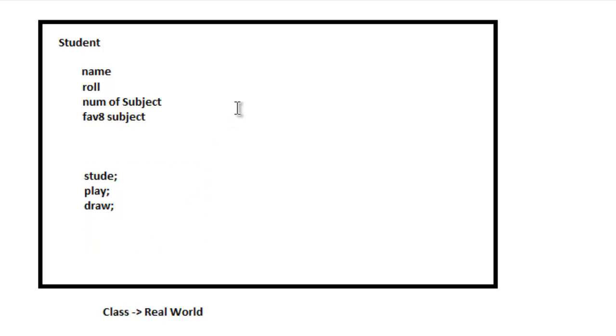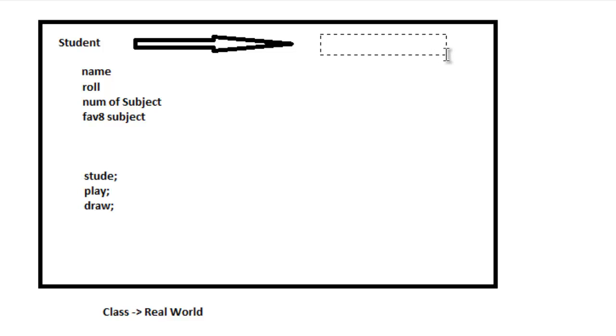So now what are these? Basically the first line is what we call the class name, and mostly, in fact every time, this class name is a noun.